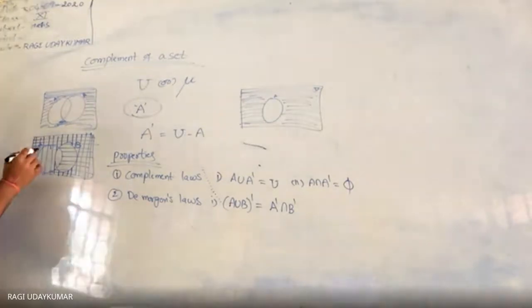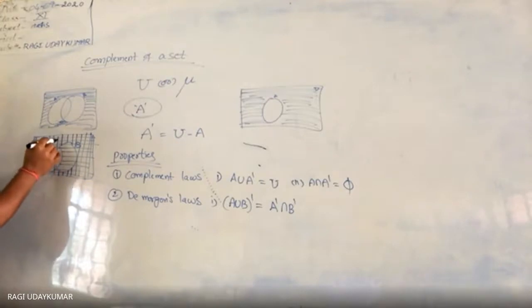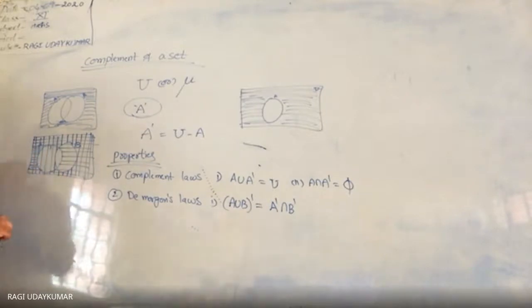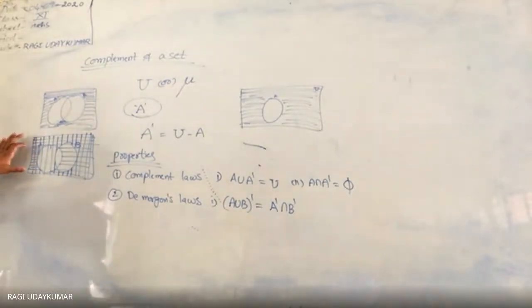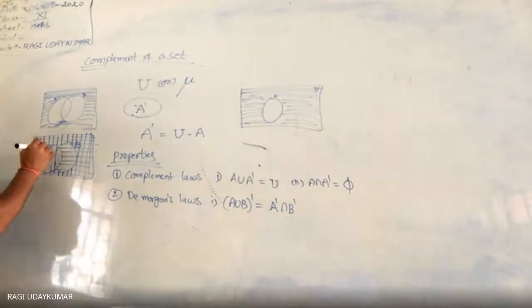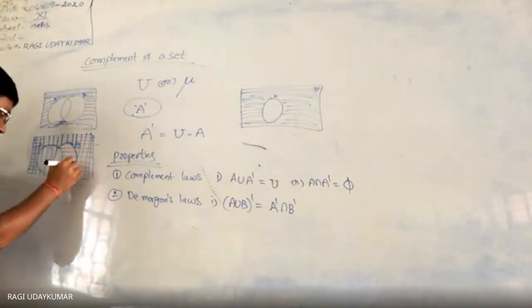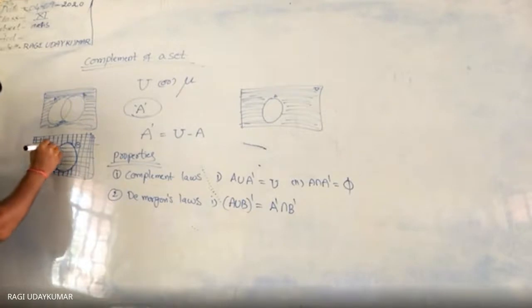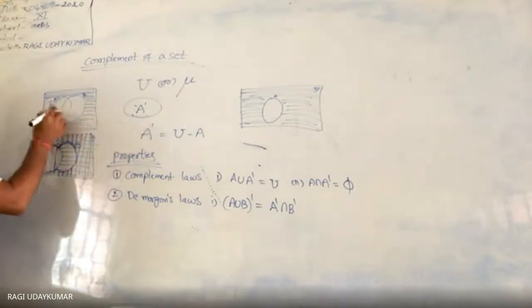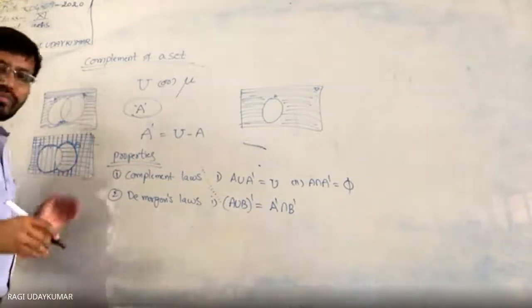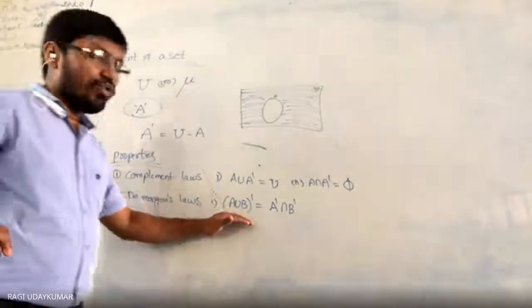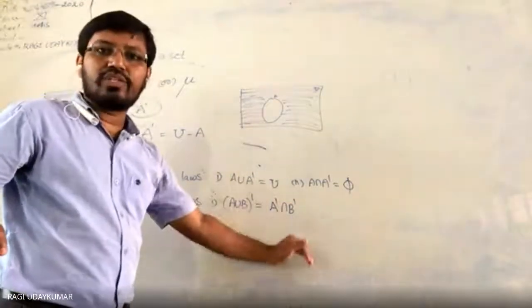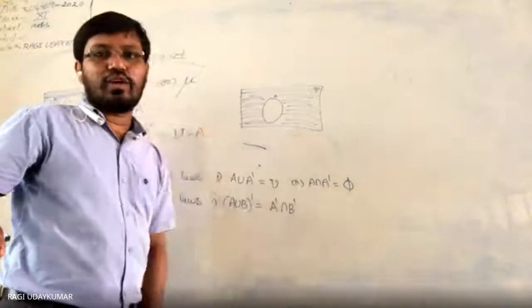The final complement has vertical lines here and horizontal lines here. Wherever both the lines are present, leaving this part and this part, it is the outside part. So here also you are getting the same thing. So from this you can say that A union B whole complement is equal to A complement intersection B complement.